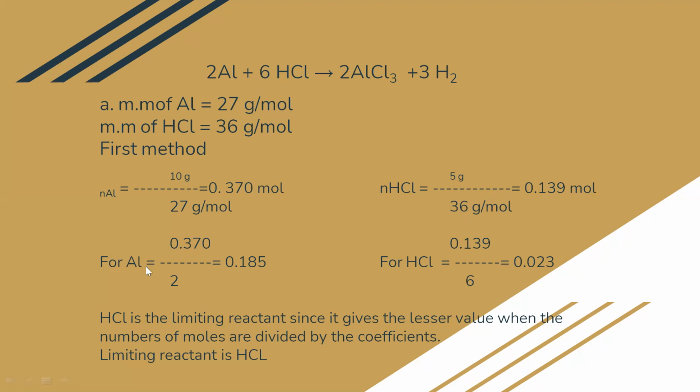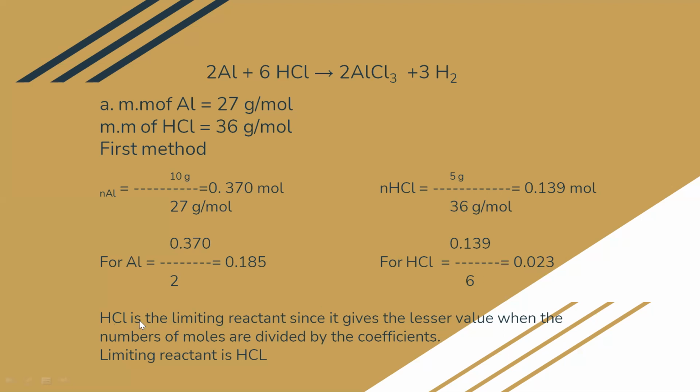Next, for aluminum, we have 0.370 mole over 2, the coefficient, so therefore 0.185. Coefficient 2 came from here. Next, for hydrogen chloride, 0.139 over 6, so the answer is 0.023.